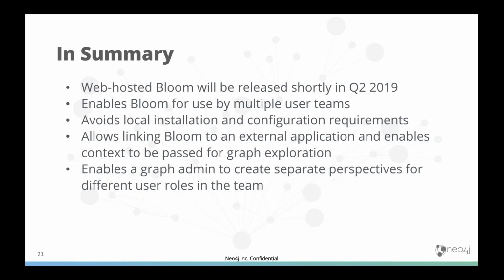You no longer need to have just a local install, although you can certainly choose to do it that way if you want to. And you can link Bloom from an external application and enable graph exploration use cases for business users, at the same time allowing you to choose which perspectives should be available to which roles in your organization.